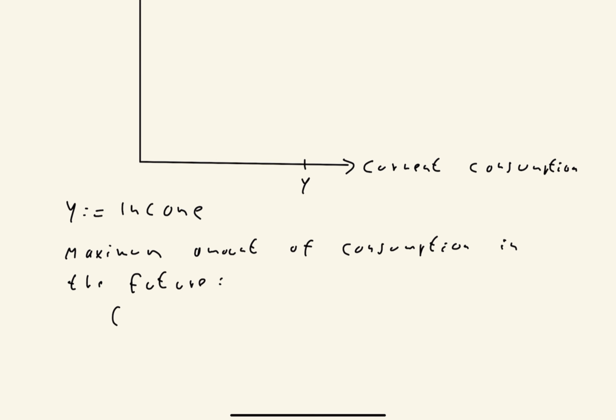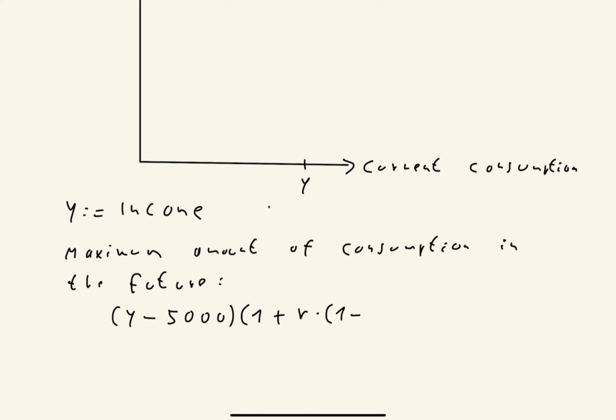On the remaining amount of the income, which is Y minus 5,000, we pay the taxes on savings. So this would be Y minus 5,000 times 1 plus R times 1 minus T1.